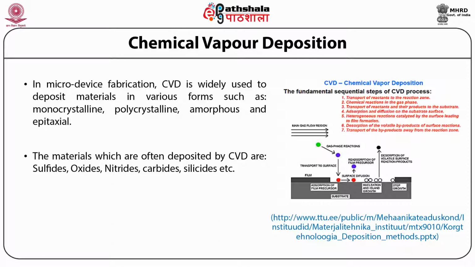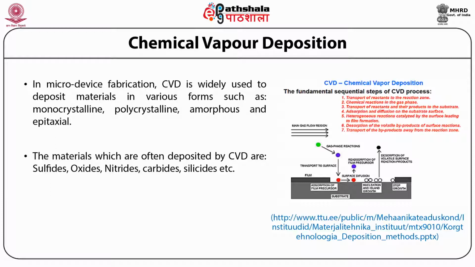So students, this figure shows the fundamental sequential steps of the CVD process. First, the transport of reactants to the reaction zone. Second, chemical reactions in the gas phase. Third, transport of reactants and their products to the substrate.